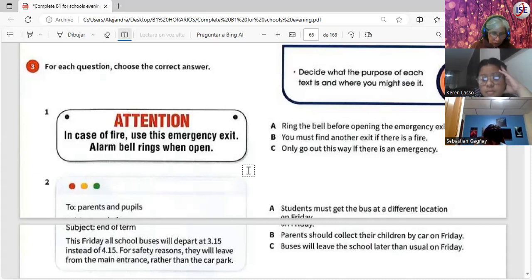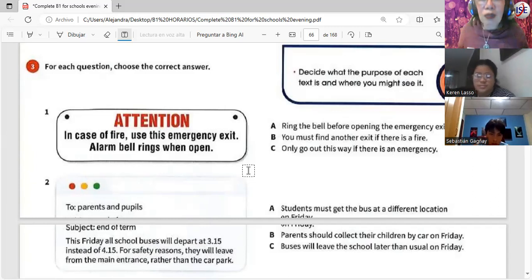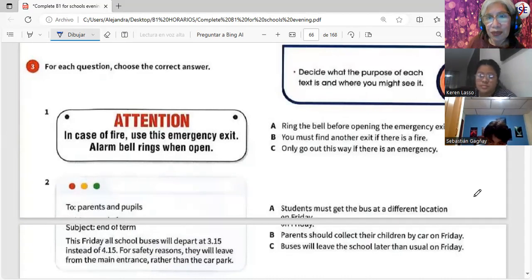Okay, Sebastian, which option do you think is the right one? Read the three options and tell me which one you think is the right one. A, B, or C? Maria Valentina, we're practicing reading, okay? Reading comprehension.